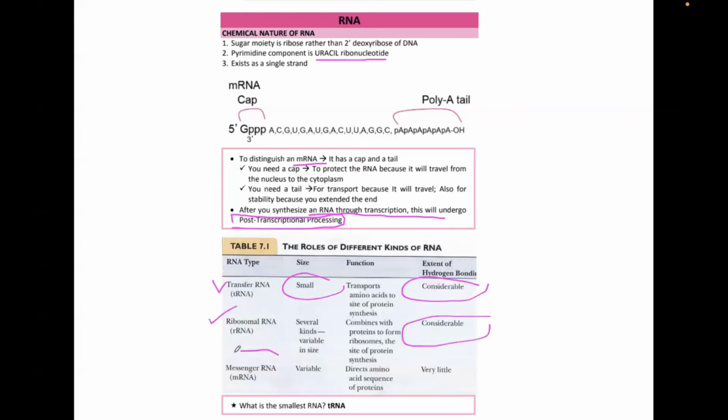And lastly, your mRNA or your messenger RNA, ito yung most commonly na nai-encounter nyo or naririnig nyo sa discussion. It has varying sizes and its main function is it directs the amino acid sequence of the proteins and has a very little extent of hydrogen bonding. So kung tatanungin ano po yung pinakamaliit na size ng RNA, that is what we call your transfer RNA.